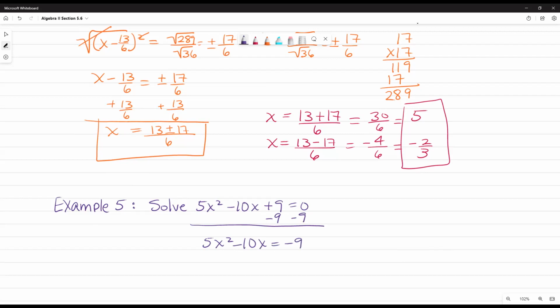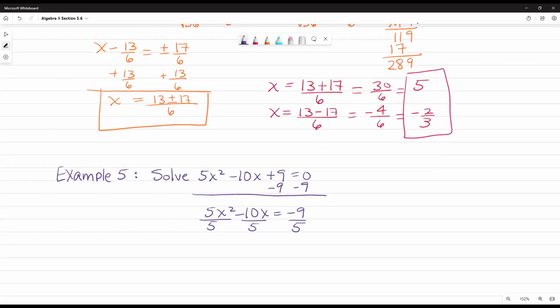All right, so I need to figure out what my c term is. Well, but what do I have to do first? Get rid of that 5. All right, so this becomes x squared minus 2x equals negative 9/5.